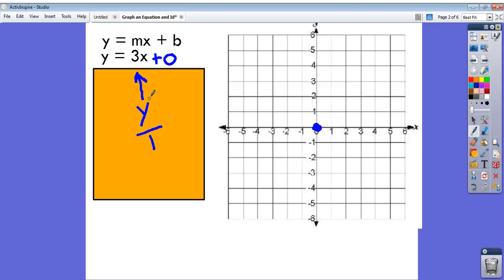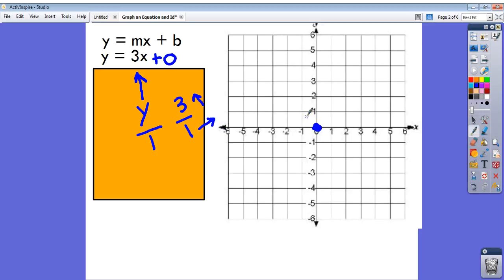So 3 represents how much y changes. So my slope is 3 over 1. Something you might have seen is that if it's positive, your line's going to go up. If it's negative, your line's going to go down. So what this means is from my y-intercept, I'm going to go up 3 steps and right 1 step to get to my next point.